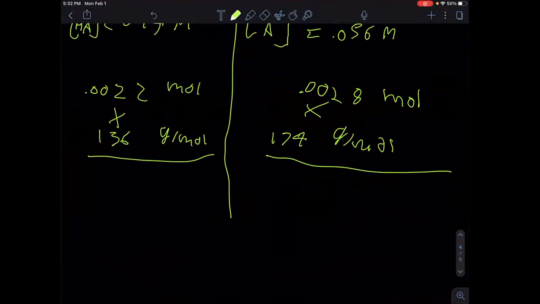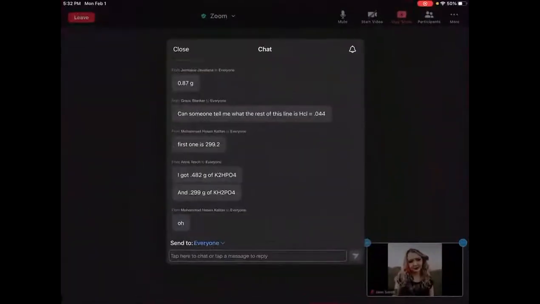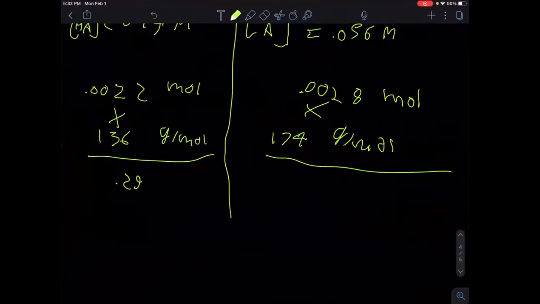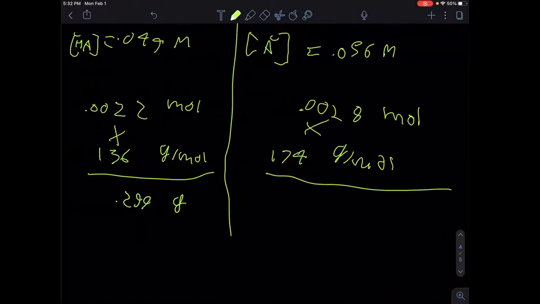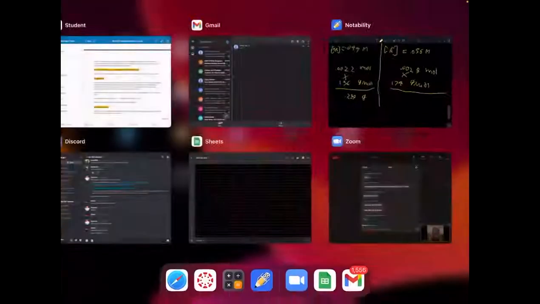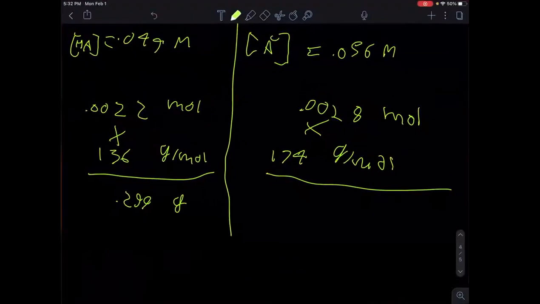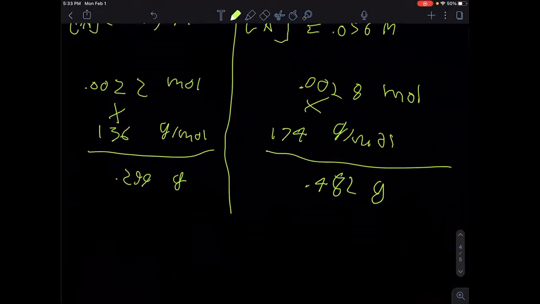I just need to divide by 1,000, so your answers are correct. The first one's 0.299 grams. And what about the second one? All right, 482, thank you. That's all we need, I guess.